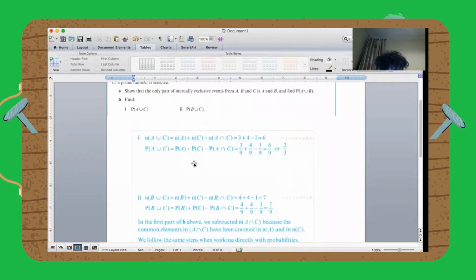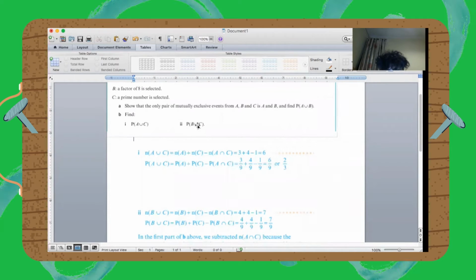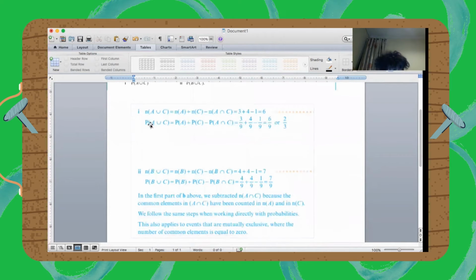Now let's move on to part B. First we have to find the probability of A union C, and second the probability of B union C. Since set A contains 3 of the 9 elements, we put 3 over 9, added to set C, which is 4 over 9, and subtracted by A intersect C, which has one of the 9 elements in common, so 1 over 9.